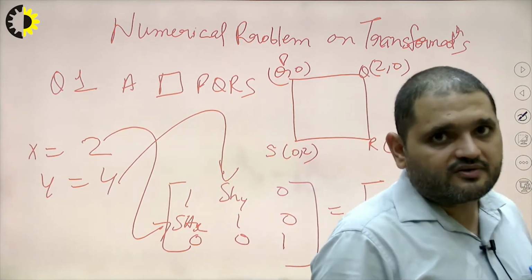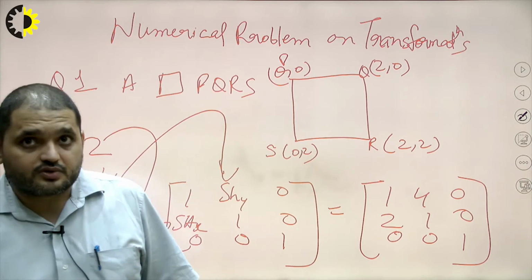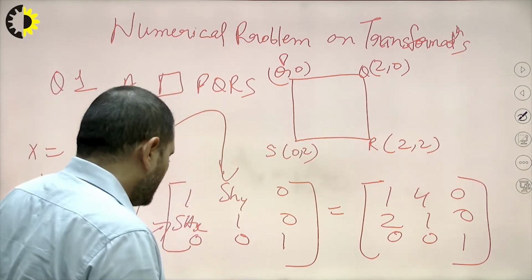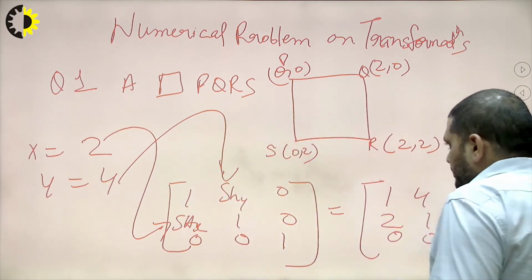We know all the coordinates of the square, so we can multiply those coordinates with this shearing matrix to find the new coordinates.